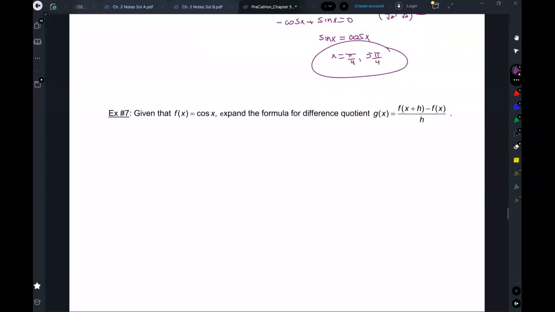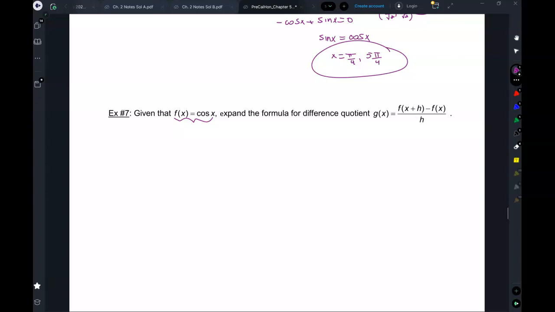Given that f of x is this function, so that's your f of x. We want to expand it for the difference quotient, this. We want to basically convert that into this. It's like a transformation, okay?